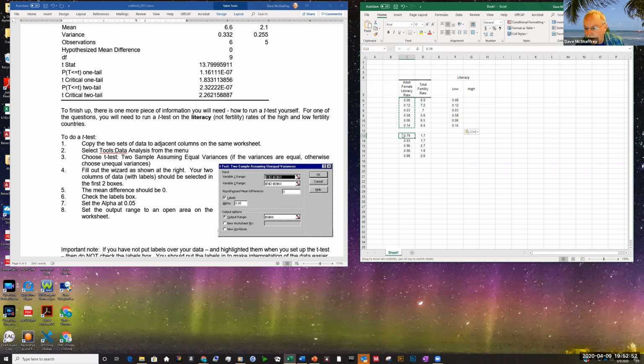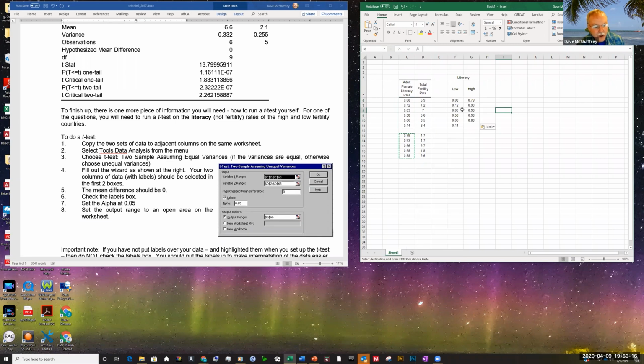I already have that highlighted. So I come here and go copy. And now I could come over here and do paste. Okay, so there's my numbers for the literacy rate. And now they're set up in a way that I can use them pretty easily.